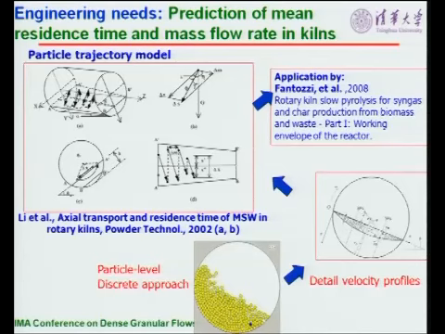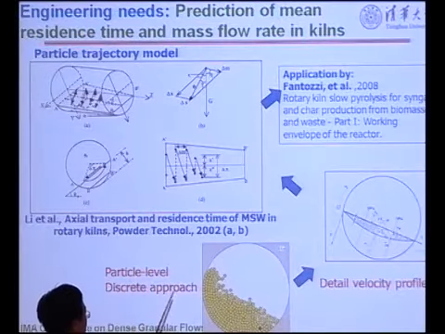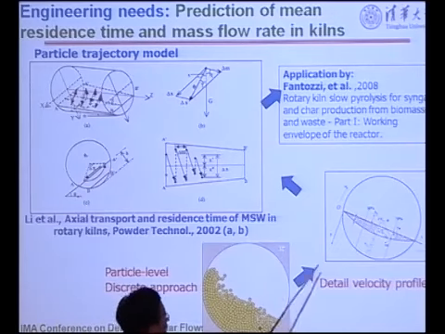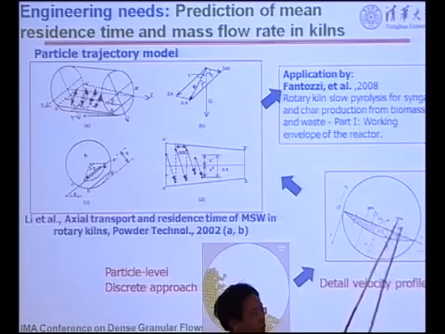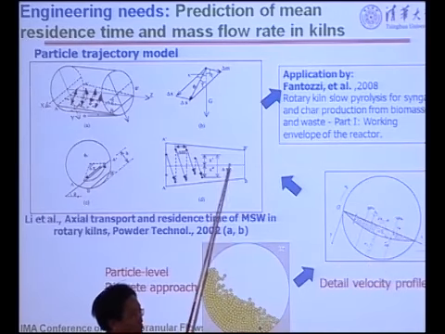For my PhD, we did a lot of rotary kiln design. In 2002, I published a paper on how to design rotary kilns using trajectory models, with geometry analysis and particle trajectory to calculate mean residence time and mass flow rate in kilns.